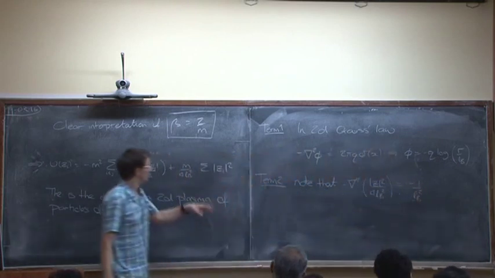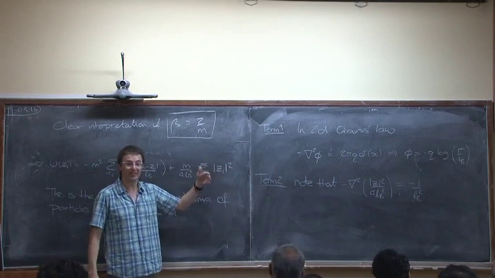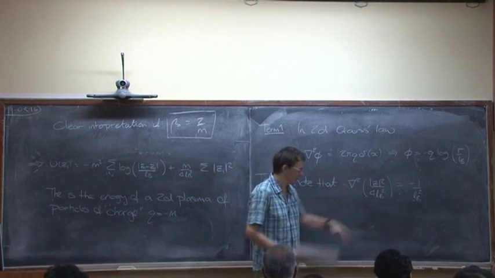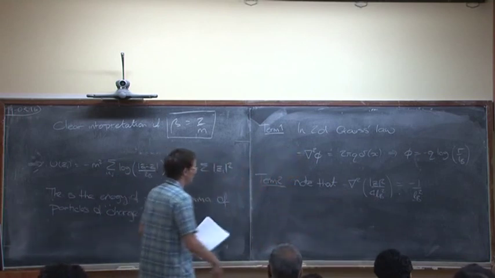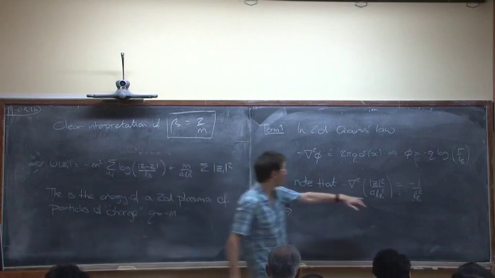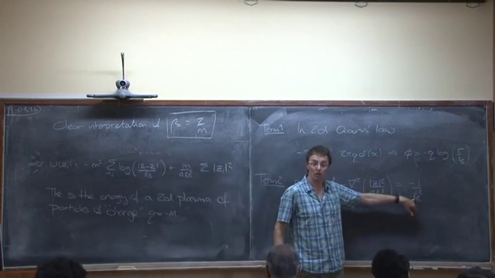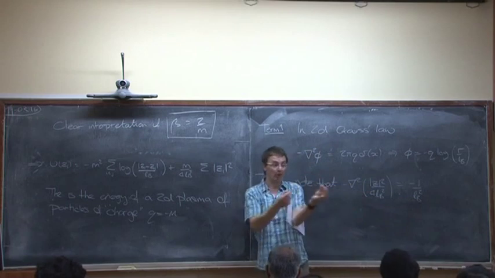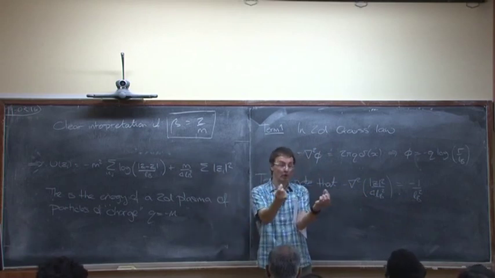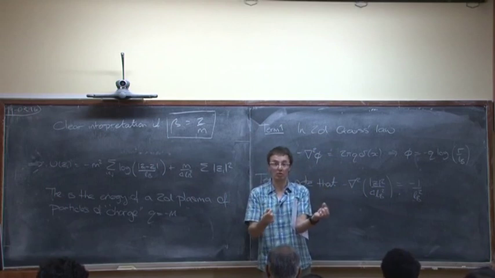So if you act with a Laplacian on mod z squared, you differentiate z, then you differentiate z bar, and you just get a constant. So what this is telling us is that there's also this constant background charge in the system. So this is really a plasma of particles moving around, with Coulomb forces between themselves, but this term is all the particles interacting with some constant background charge.